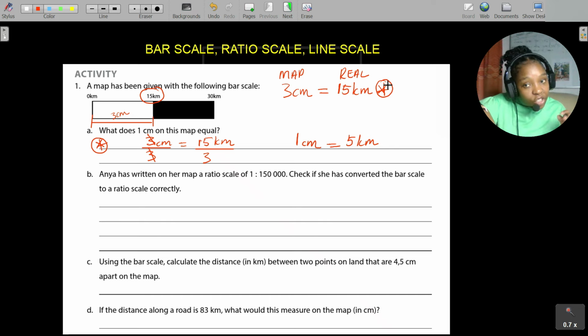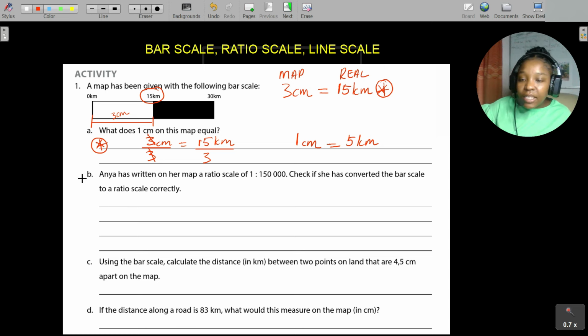In this question, they're just asking us to simplify it further so that it's in the form of 1 centimeter is equal to how many kilometers in real life. So we've answered that question: 1 centimeter on the map equals 5 kilometers in real life.